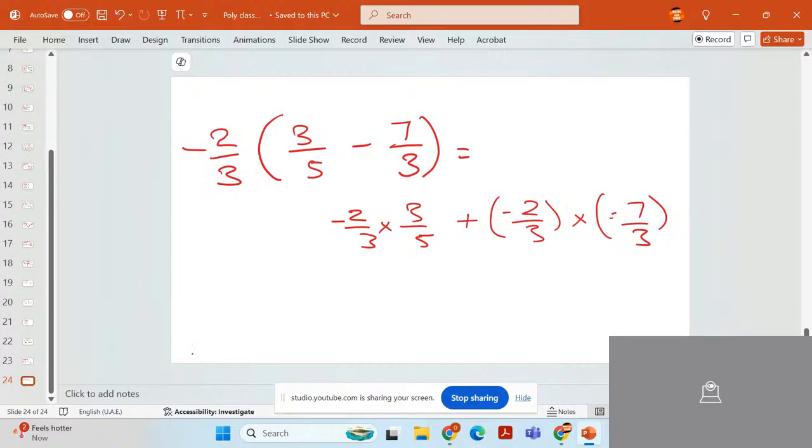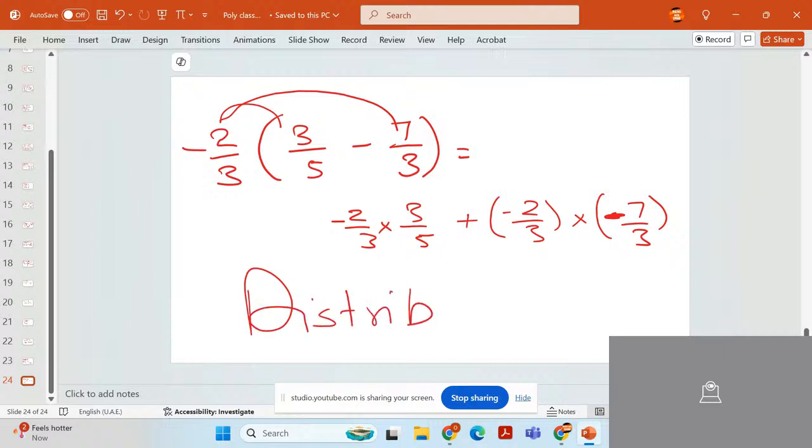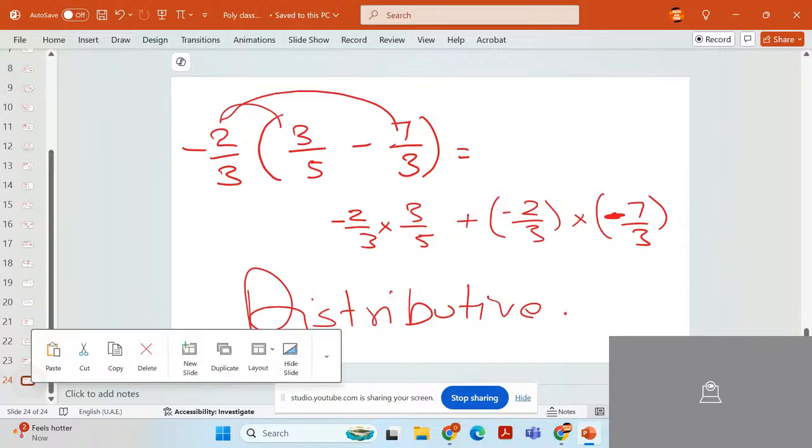What is the property called as? Minus 2 by 3 is distributed here. So it is called as distributive property. Understood? And they will ask you to calculate using this distributive property. Okay, you have to do it.